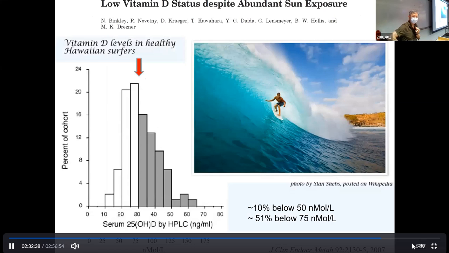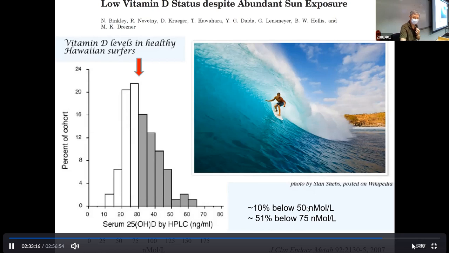And in fact, if you look at the people who are living in areas which have lots of sun, this is done in Hawaii on some surfers, male and females, and look at their 25-hydroxy-D level. The mean is only 30, okay, and 50 equals 20, right? 20 nanogram.